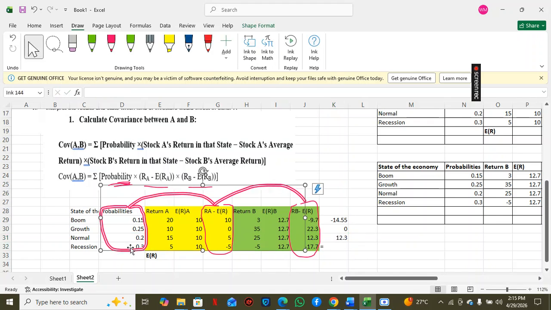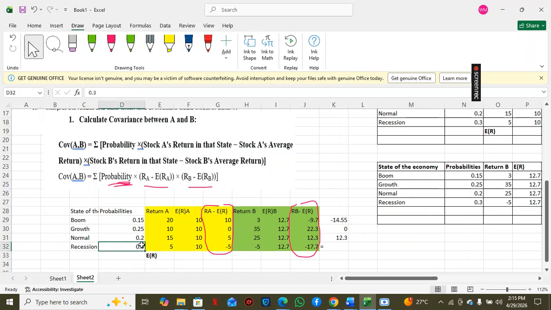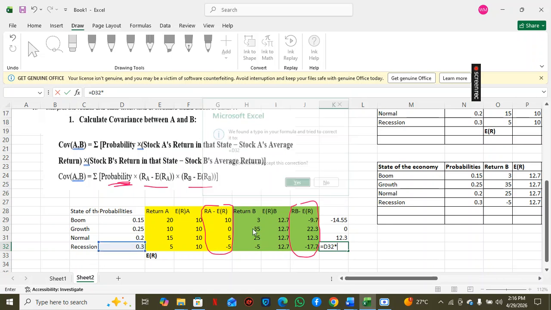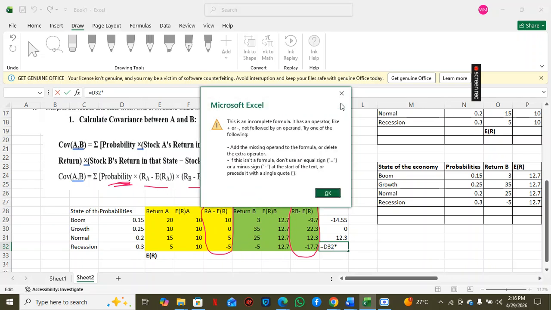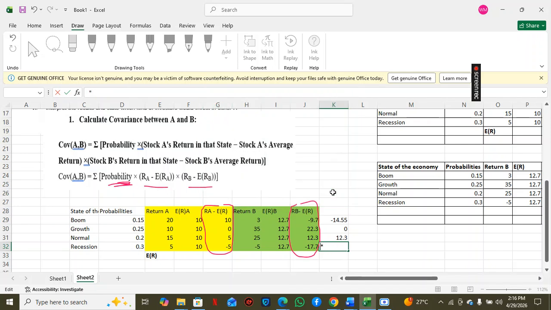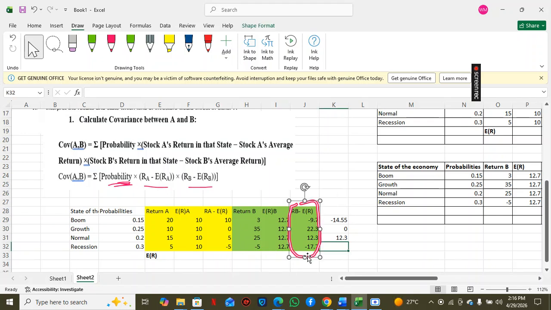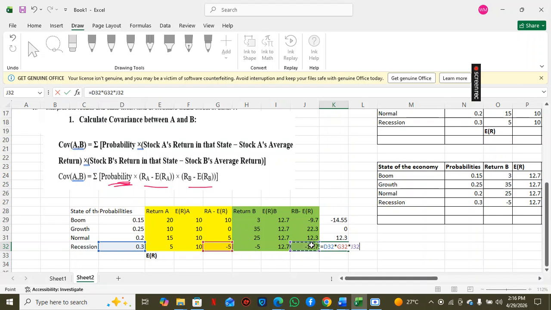And here's 0.3 multiplied by negative 5 multiplied by negative 17.7.